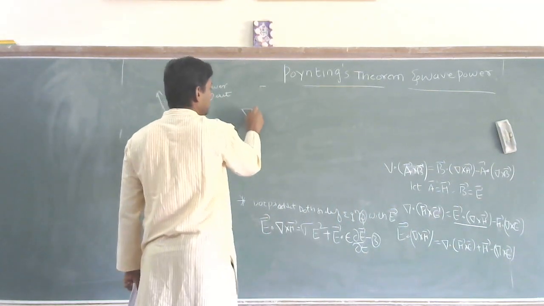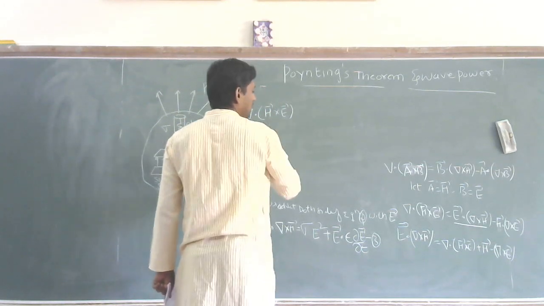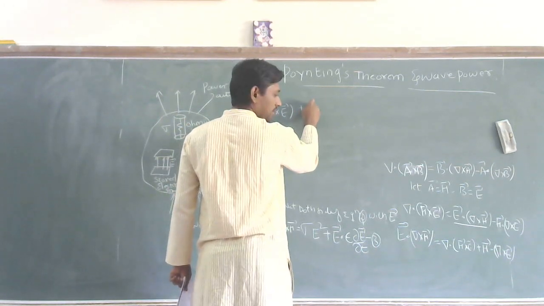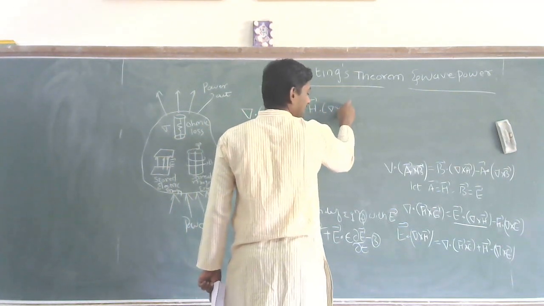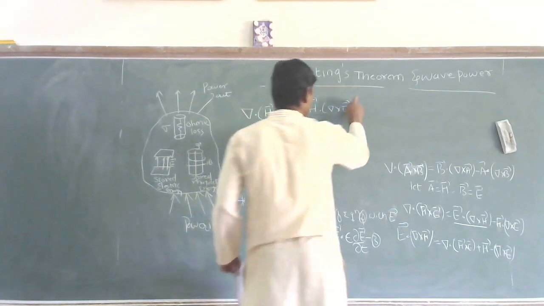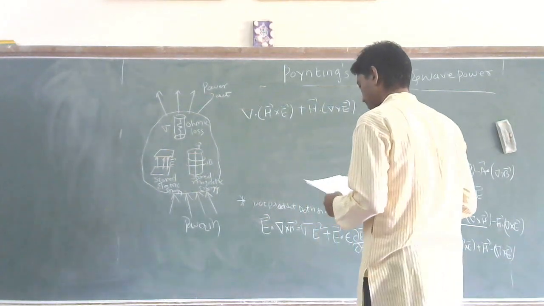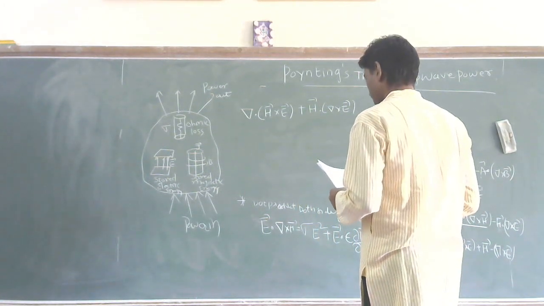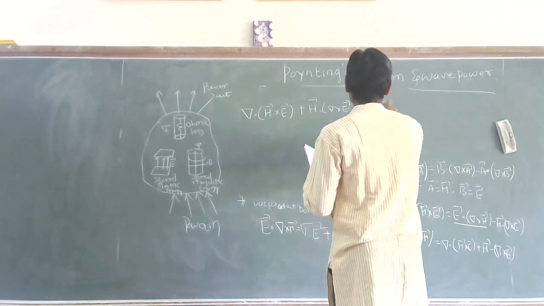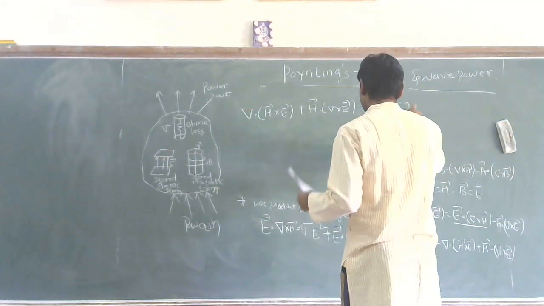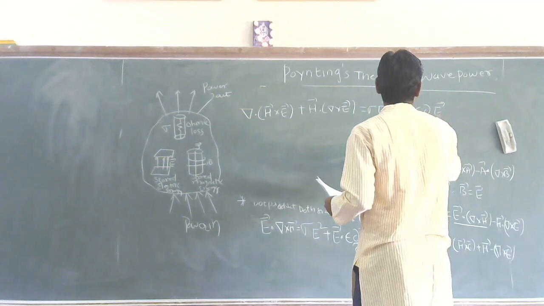What we get is del dot (H cross E) plus H dot (del cross E) is equal to sigma times E square plus E dot epsilon times dou E by dou t.